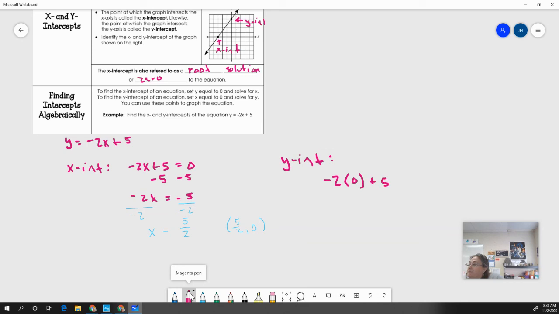Plus 5 equals y, right? Negative 2 times 0, just 0. So we wind up with 5 equals y. We can write that if we want as y equals 5, because when they're equal, the sides are interchangeable. If we wanted to write that in terms of a point, it would be 0, 5.